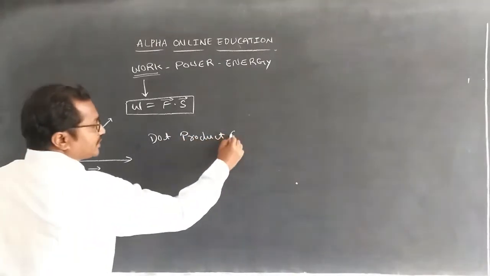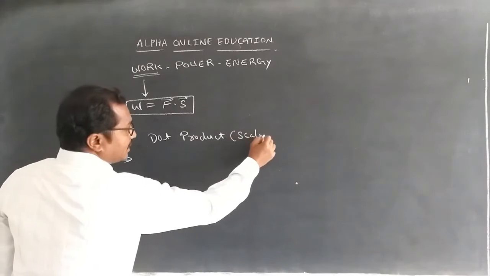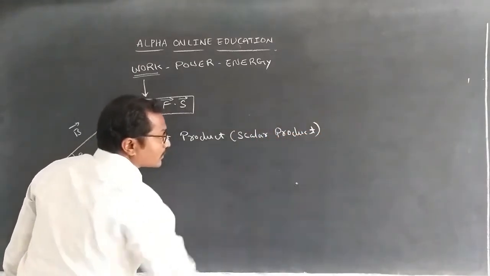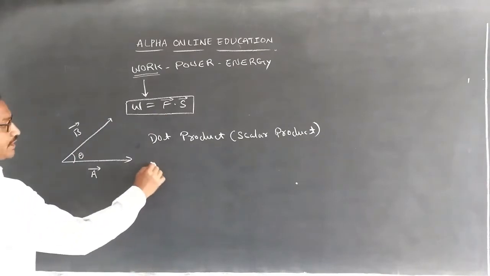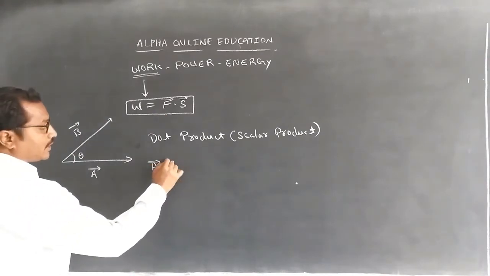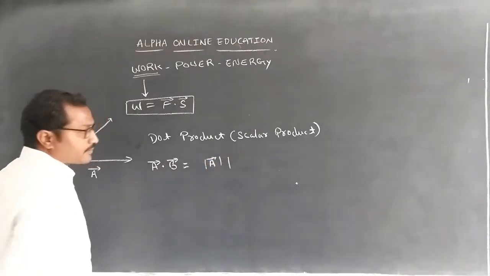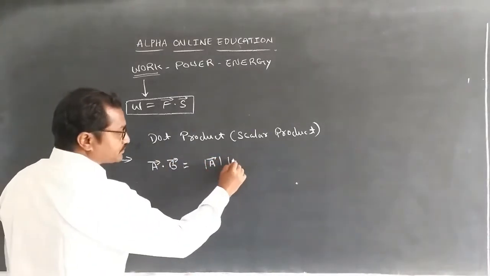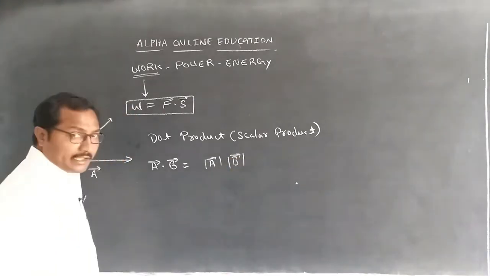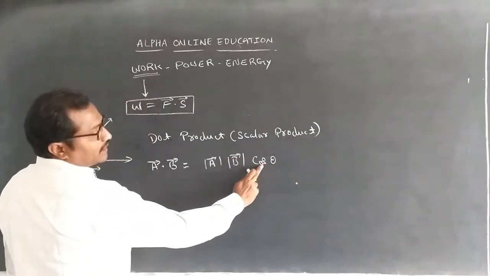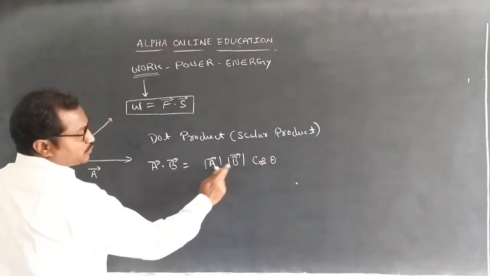Otherwise, we can say this is the scalar product. The value of A dot B is equal to the magnitude of vector A multiplied by the magnitude of B and the cos of the angle between these two vectors.